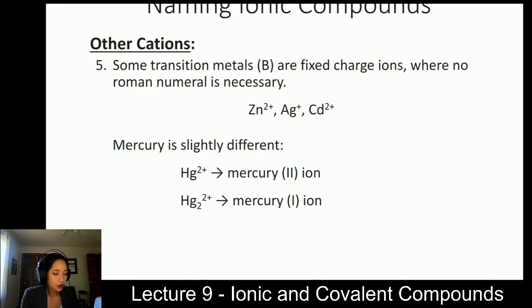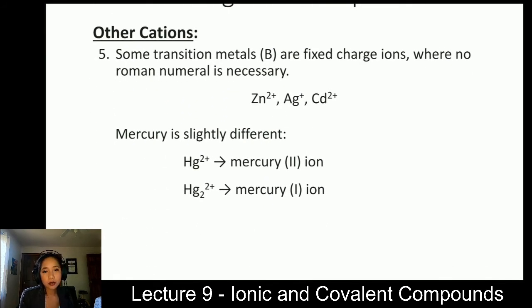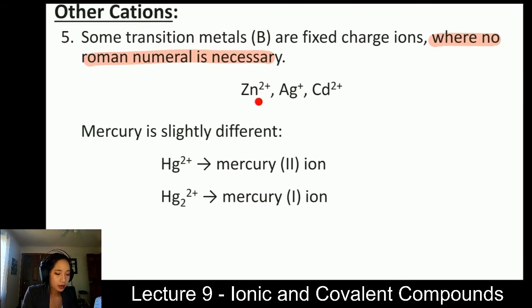All right. So, I said that some transition metals can have variable charges. There are also other transition metals that have fixed charges. And in these 3 examples, there's no Roman numeral necessary. So our fixed charge transition metals are zinc, silver, and cadmium.